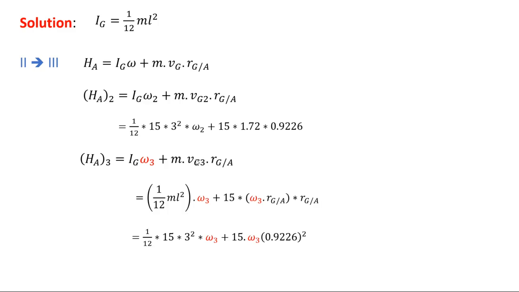So we can find the whole H3 in terms of the omega 3. Now everything can be substituted in, and we know that the HA2 is equal to the HA3, and thus we can solve for the omega 3 to be equal to 1.53 radians per second.